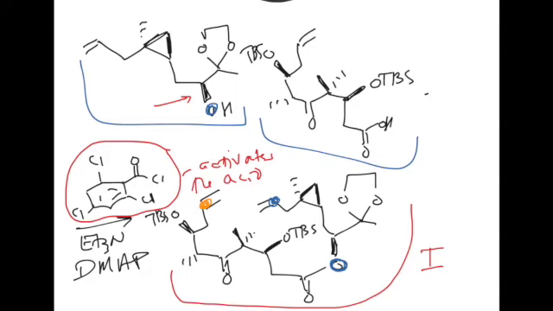Now, I'm going to have to redraw some stuff. They use Lindlar's catalyst in H2, and they actually talk in the paper about how any other conditions they used to try to hydrogenate this double bond hydrogenated this cyclopropane instead. I know that Lindlar's catalyst usually takes an alkyne and turns it into a cis-alkene.